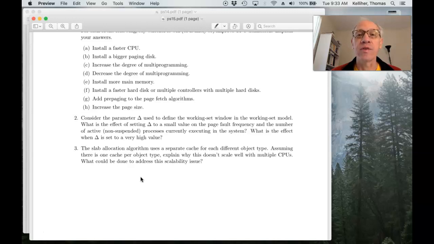This is a multi-core system, and each processor's running an individual process. So if it's an 8-core system, for example, we have 8 processes running simultaneously. So keep those things in mind as you think about question 3.